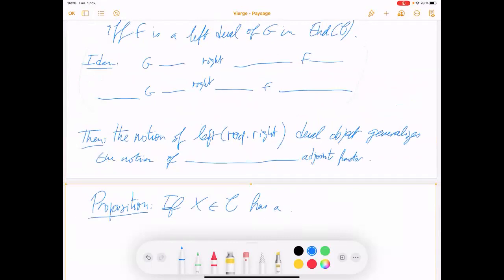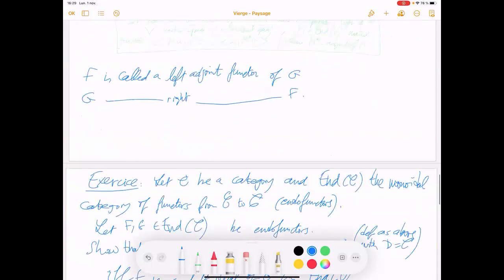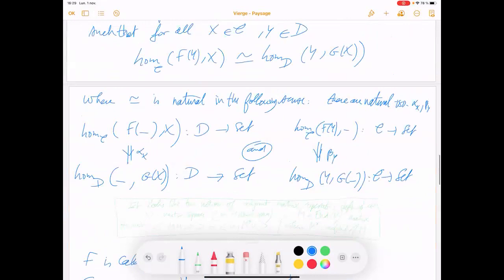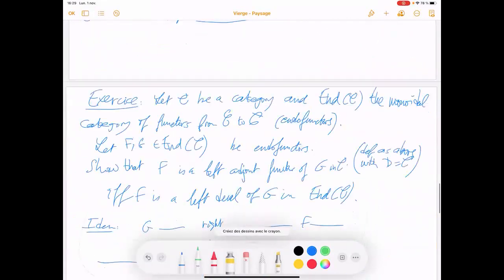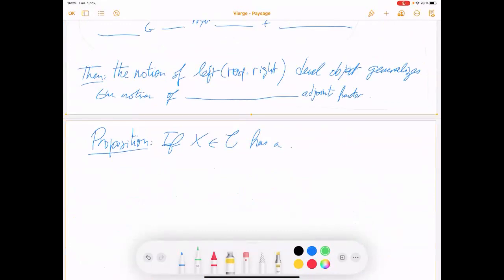That is the end of the added part. So C now is a monoidal category.